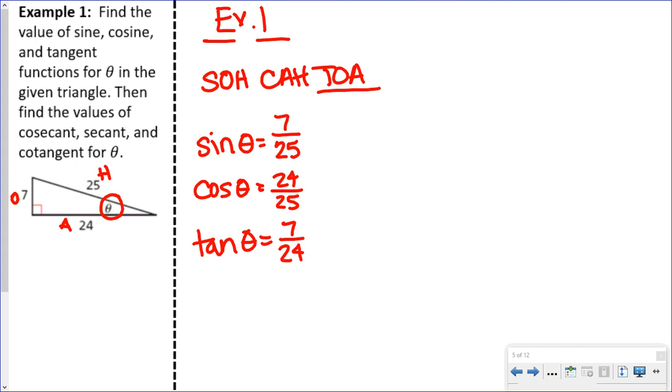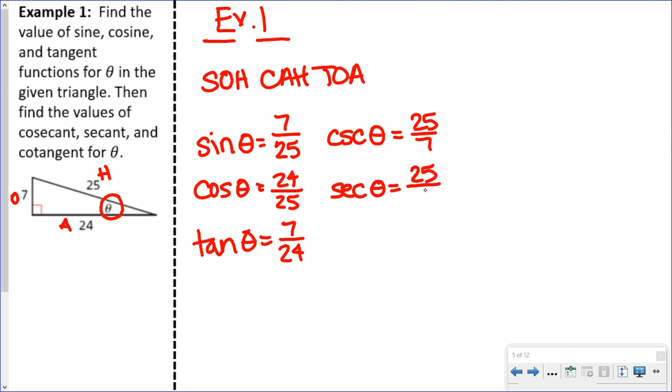Okay, so you SOHCAHTOA first and get your sine, cosine, and tangent ratios. Now, to do cosecant, secant, and cotangent, we're just doing reciprocals. So remember, cosecant is the reciprocal of sine. So that's 25 over 7. It's just the reciprocal. Secant is the reciprocal of cosine.